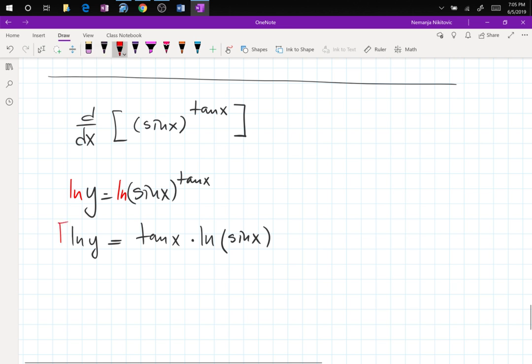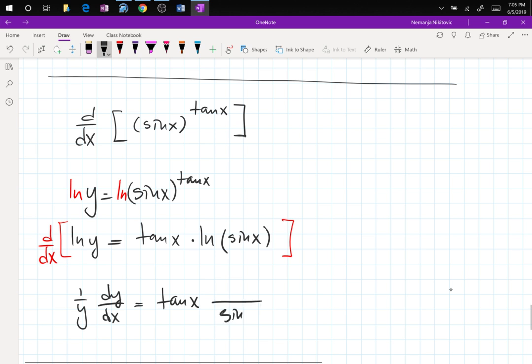So see, product rule is still relevant for some of these more complicated cases. 1 over y, dy dx, copy tangent x, and then you have sine x, and then cosine x goes up there, plus ln sine x times the derivative of the tangent, very good.